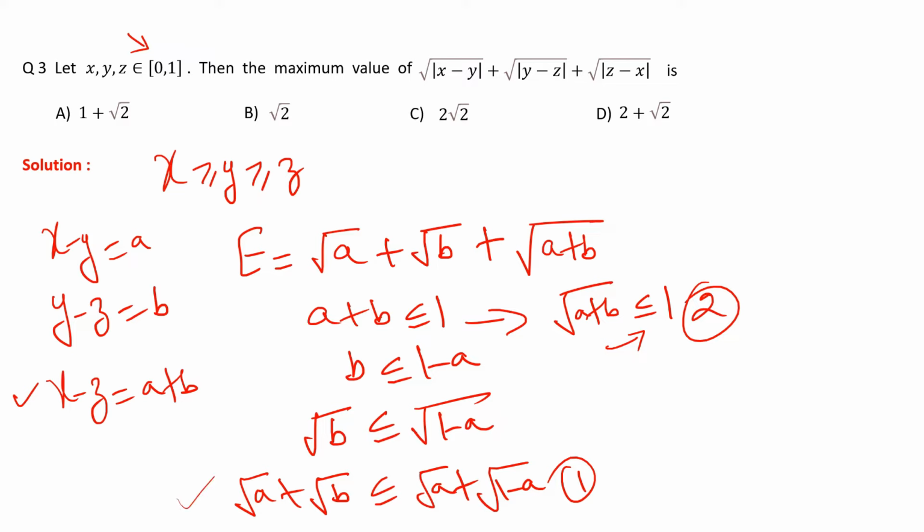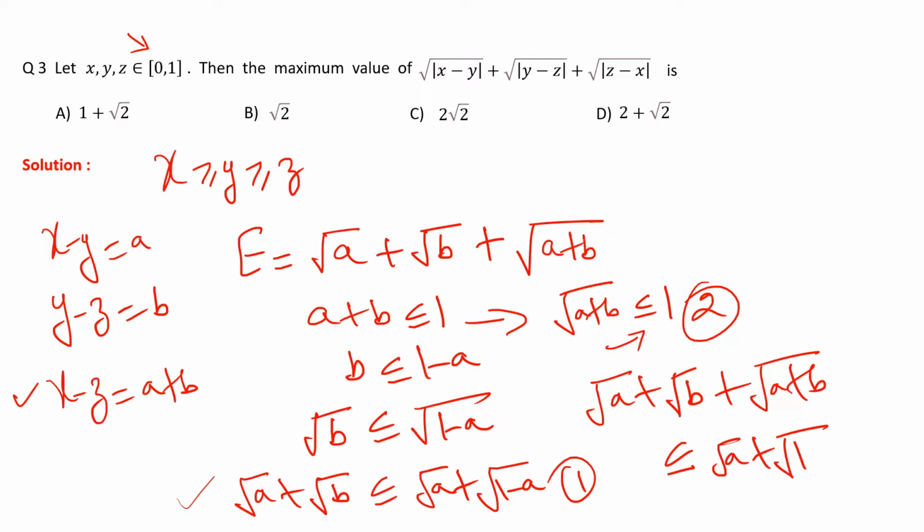So that means equality will also hold in the first inequality. That means root a plus root b will become equal to root a plus square root of 1 minus a. So here I can definitely add them and write root a plus root b plus square root of a plus b less than or equal to root a plus square root of 1 minus a plus 1.